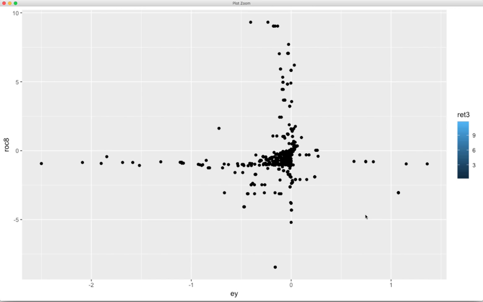Well, the answer lies in the fact that we're looking at ROC8, the geometric mean of the ROC. Because the ROC8 is looking at 8 quarters past, you could have a stock that's in and out of positive and negative earnings yield.